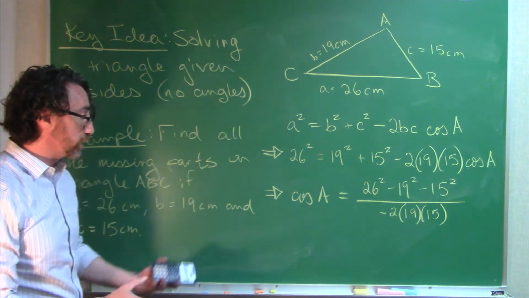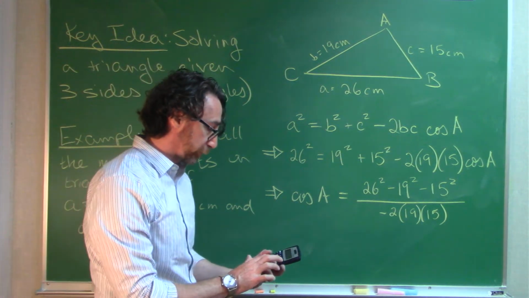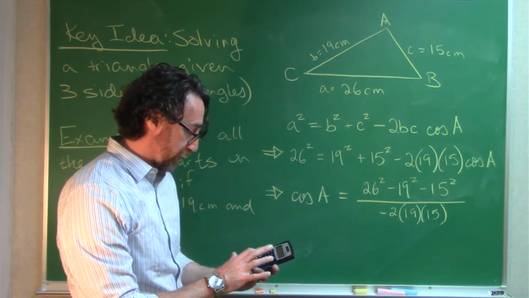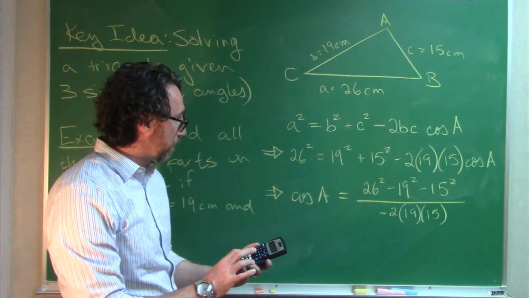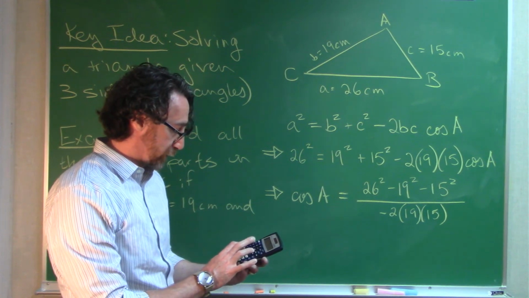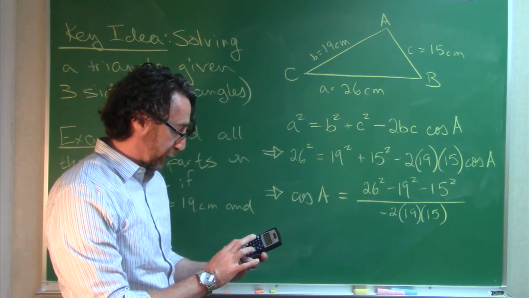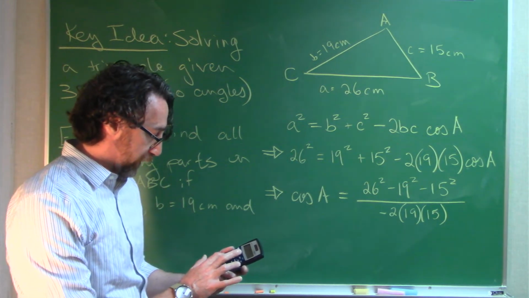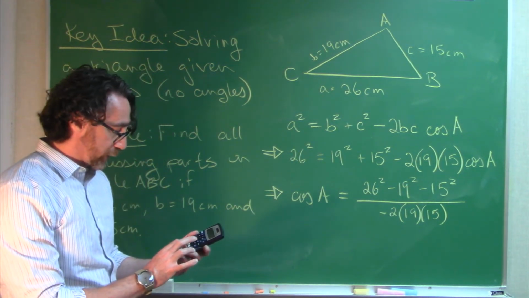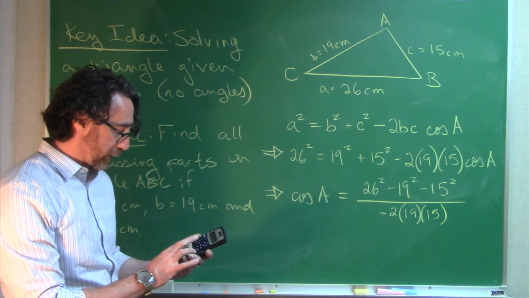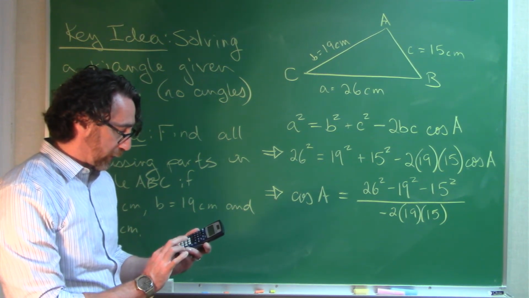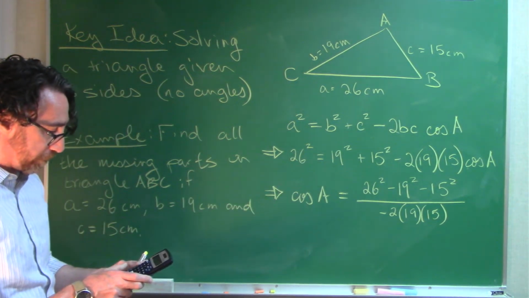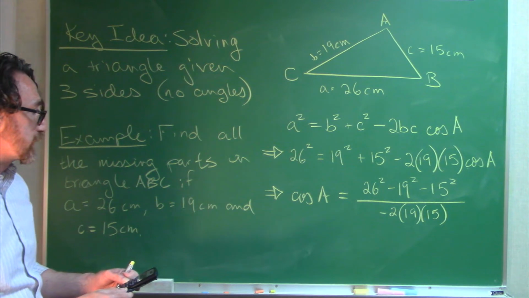All right, so now we can do some number crunching. Okay, so 26 squared minus 19 squared minus 15 squared equals, we're going to take that and divide it by negative 2 times 19 times 15, being careful to put the entire denominator in parentheses.